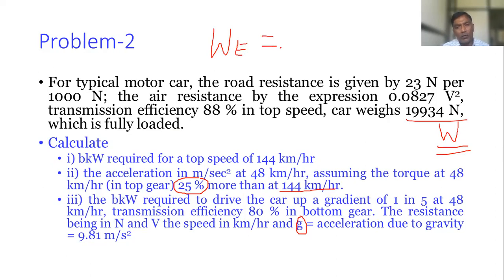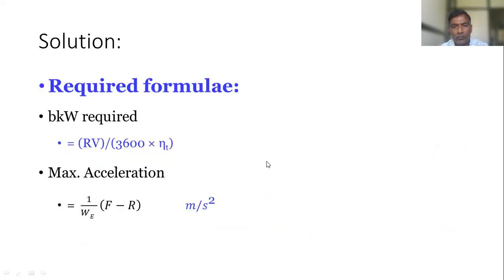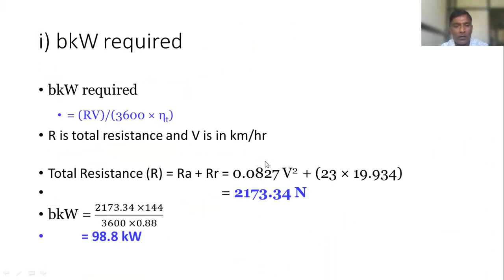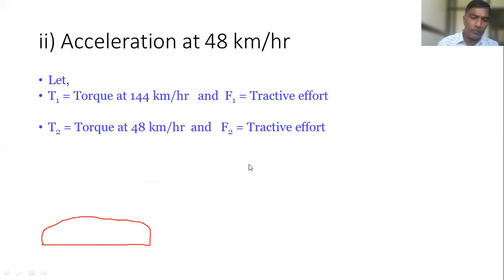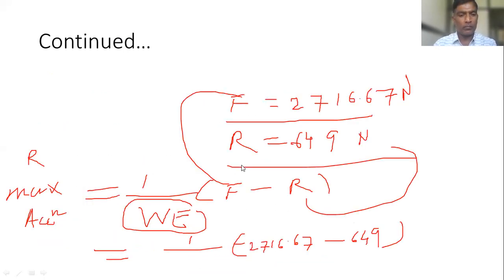This is W. So this WE, how to write WE? This is effective weight, sorry, effective mass. So already we have seen previously. Then this W is in Newton. Who will tell me the formula for this WE? Sachin? Can you have any idea about this? Sachin?